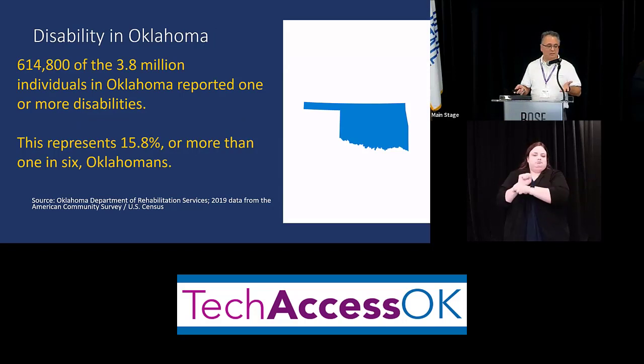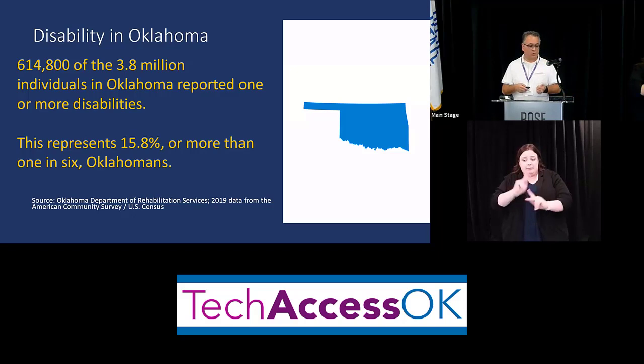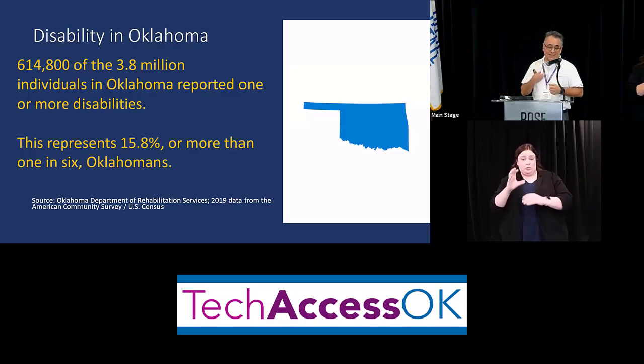So why it matters, statistics tell the story, and in Oklahoma, 614,800 of the 3.8 million individuals in Oklahoma reported one or more disabilities. That's 15.8% or more than 1 in 6 in Oklahoma. I encourage you to find statistics like this.